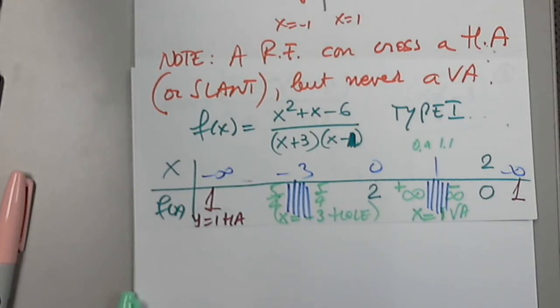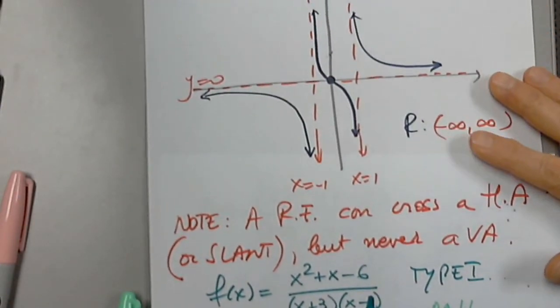From negative infinity, crossing the x-axis at 2, 0, and approaching 1 from below. Did I answer your question? No, I was just trying to keep up with the math of when you were calculating the 1.1.